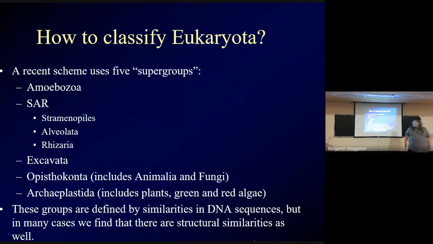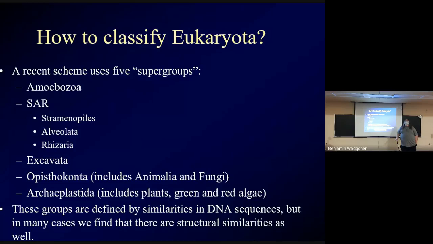And the current scheme that we've got uses 5 supergroups of eukaryotes. The Amoebozoa, which includes amoebas. A supergroup that doesn't really have a proper Latin name. It's called SAR. And SAR stands for Stramenophiles, Alveolata, and Rhizaria.